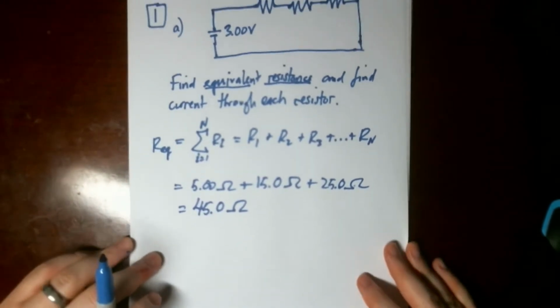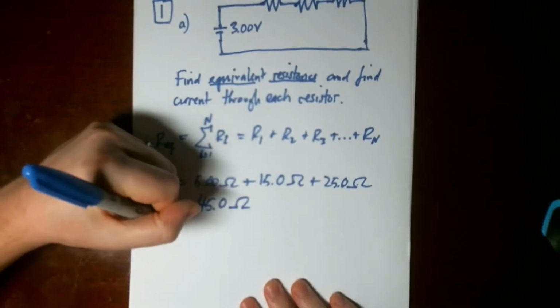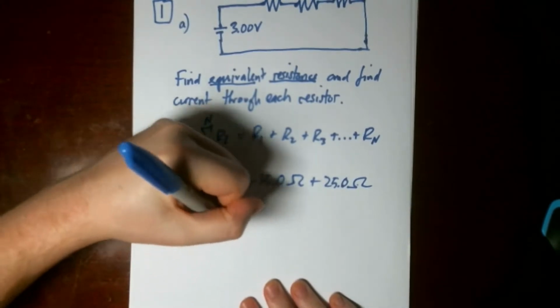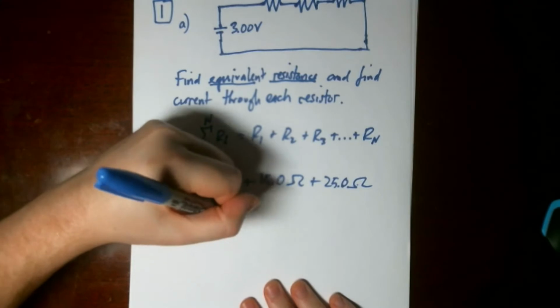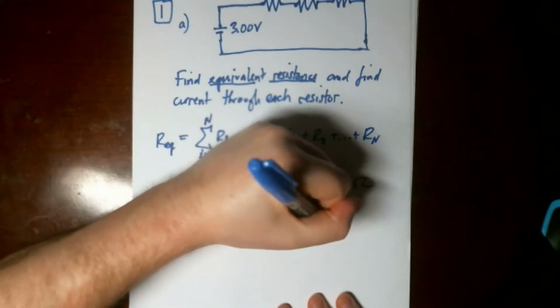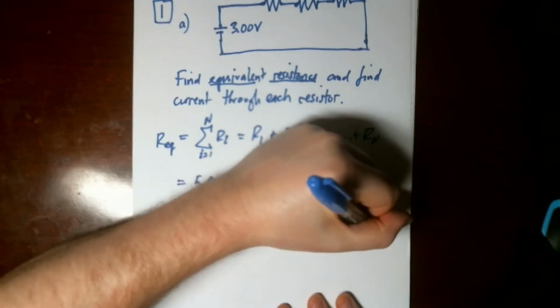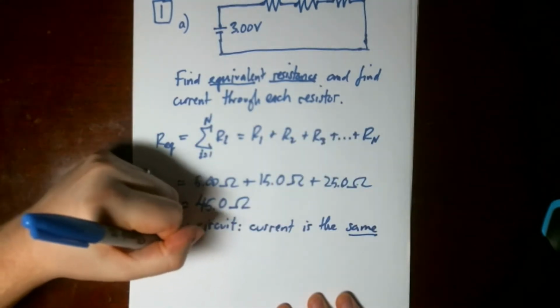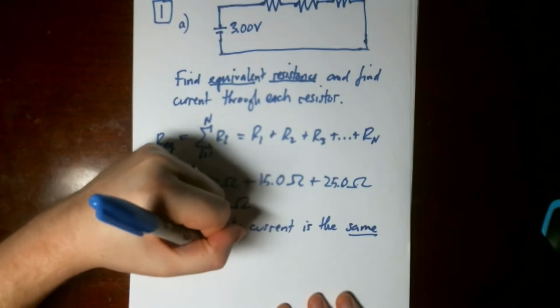Now we need to find the current through each resistor. The thing to recognize here is that this is a series circuit, and series circuits are characterized by the fact that the current is the same through each element of the circuit.